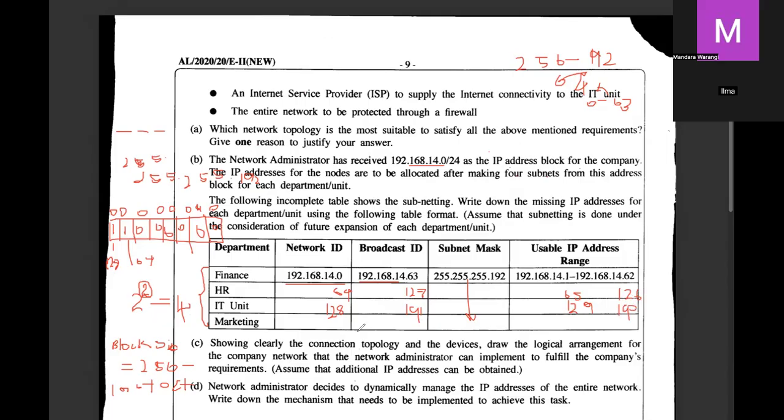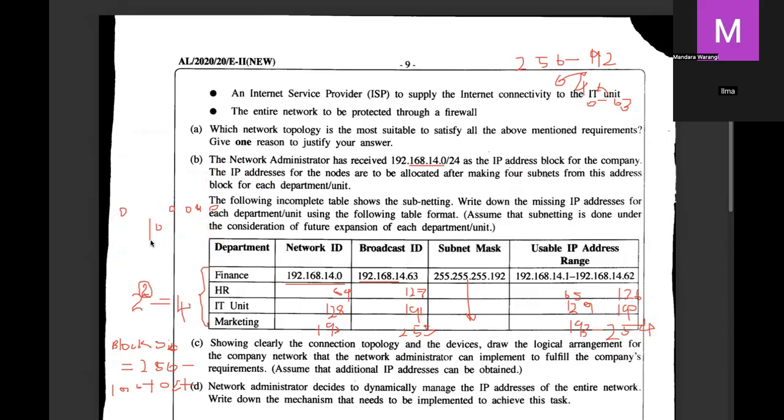And then you have 192 to 255, which means the usable range is from 193 to 254. Did you get the same answers as this? Any doubts? No, clear.